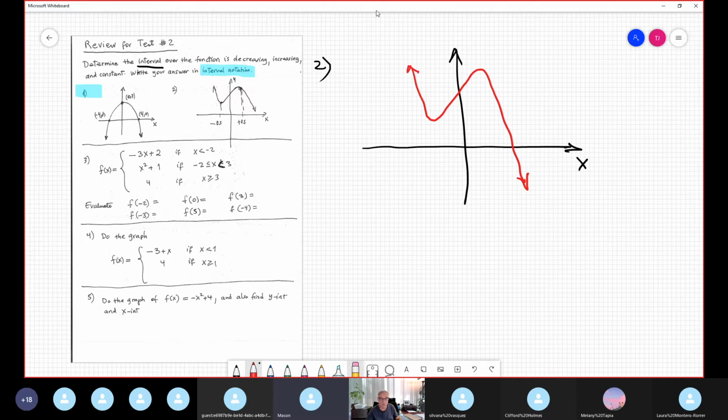It goes up and it goes down. So this point is given. The x is negative 0.5. No y value. Nice. I like that. And this is 0.5. So now again the three things that they want: increasing, decreasing, constant. Could you help me or no?